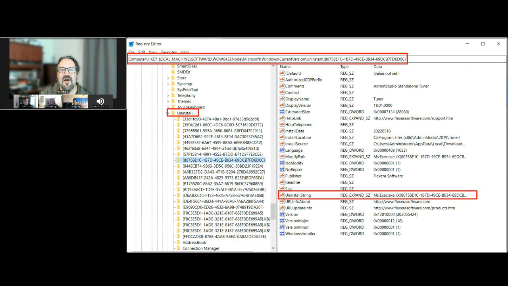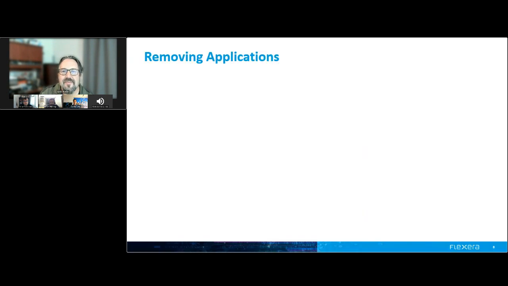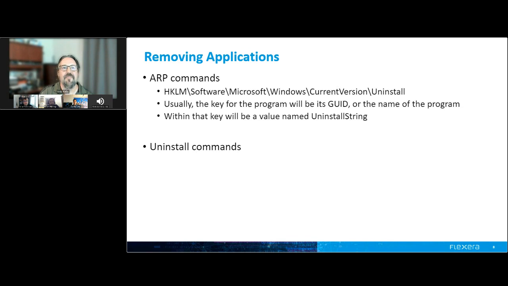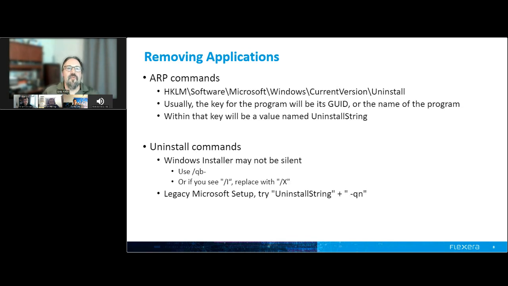But there isn't a lot of enforcement over what fields various applications take advantage of within the uninstall or the Add Remove Programs data. Okay, so let me get them all up. All right.